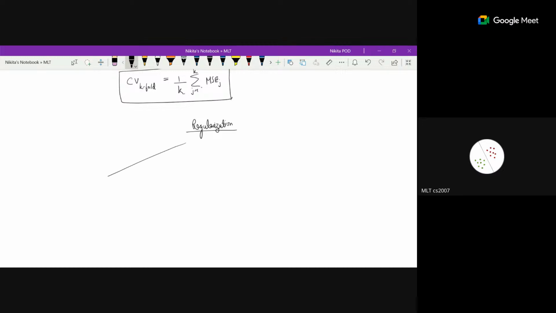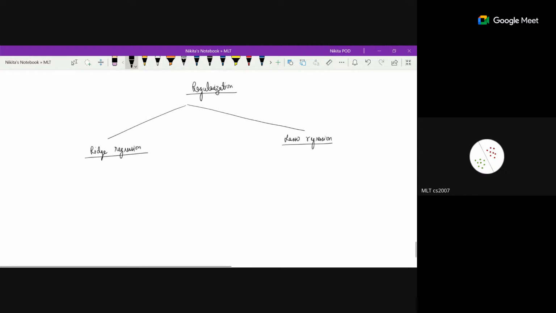So one is the ridge regression, and the other is the lasso regression. So again, the idea of these regression techniques is you want to reduce the mean square error in some sense. Okay, this is the idea.